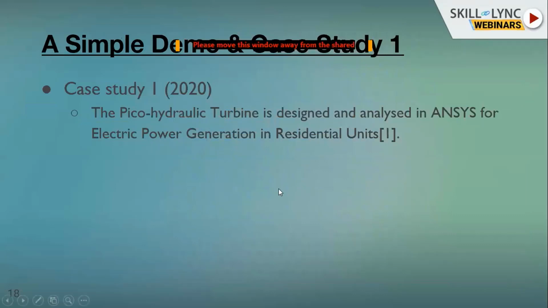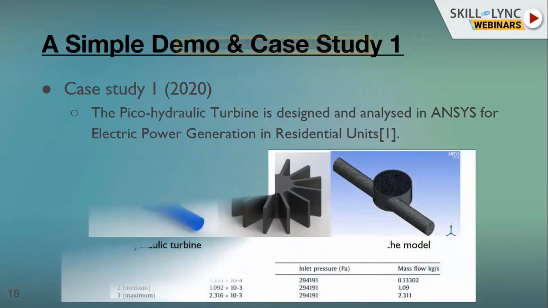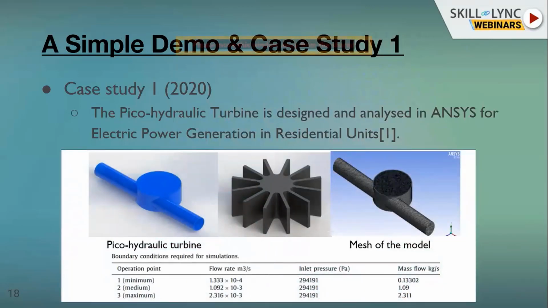The next is a case study for you to understand clearly how the CAE approach works. So let us take a case study to understand the numerical approach more easily. In this case study, a Pico hydraulic turbine is designed and simulated for electric power generation in residential units.